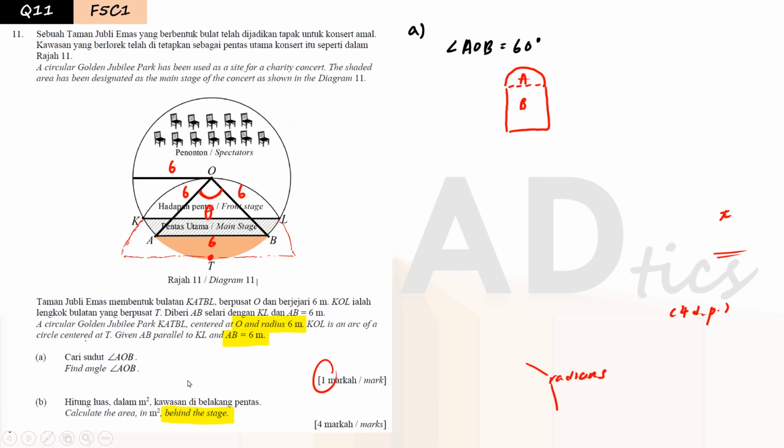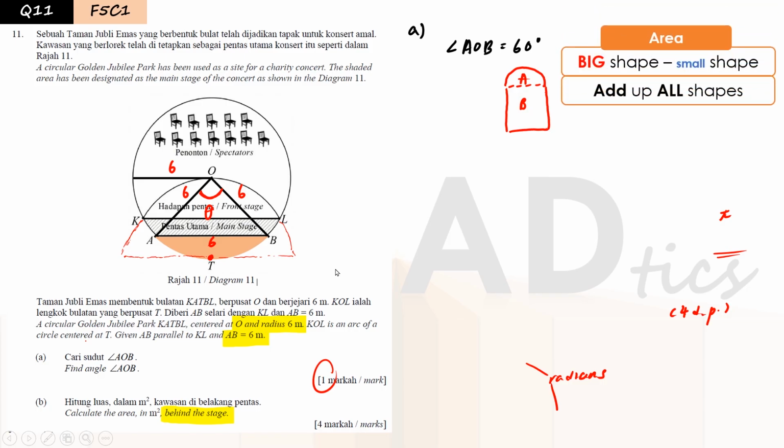So if you don't read the question clearly, you may be misdirected into finding the main stage area, not the area behind the stage. For this kind of question, we need to be more aware of what the question really needs, so we are not confused by all the extra information.